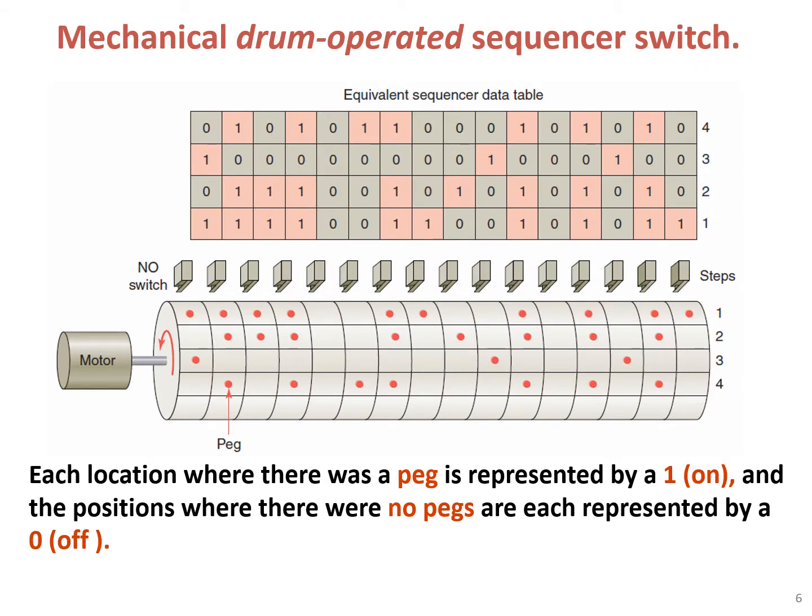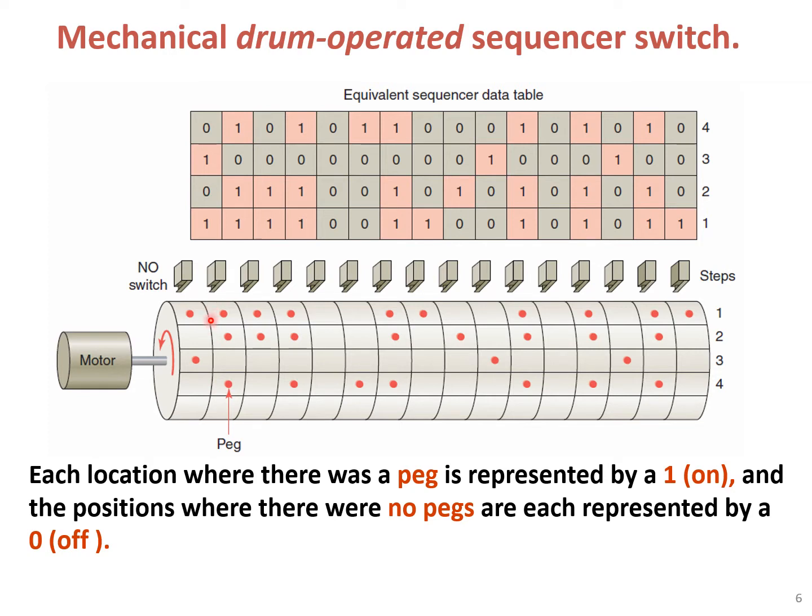Mechanical drum operated sequencer switch, basically very similar structure, same structure as the cam one, and you see there is a drum connected to the shaft of the motor, and on each section we have some pegs. Okay, so they could be pegs or they could be just a plain one, okay, without any pegs.